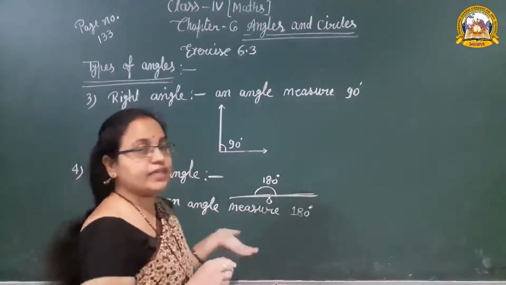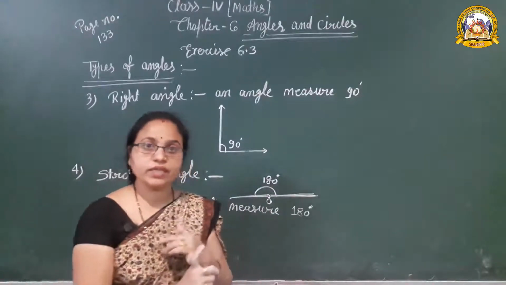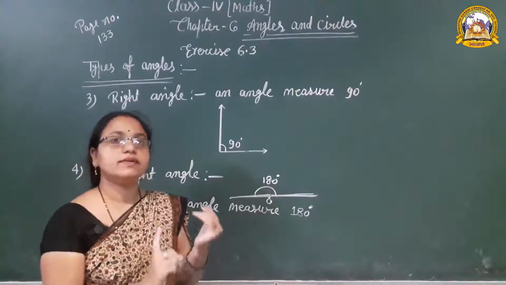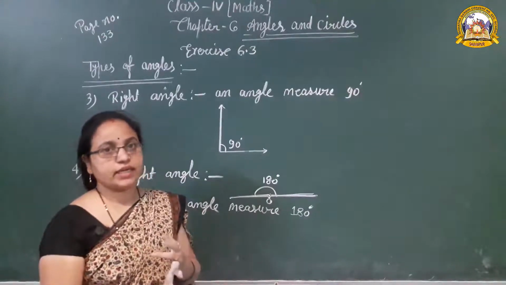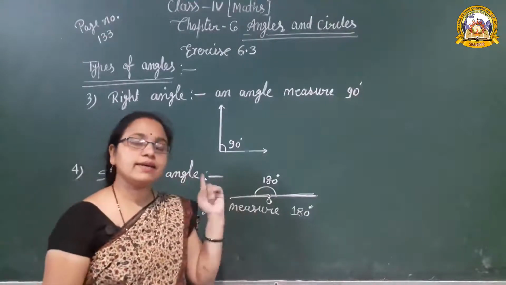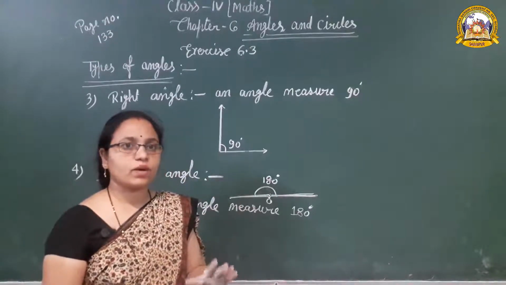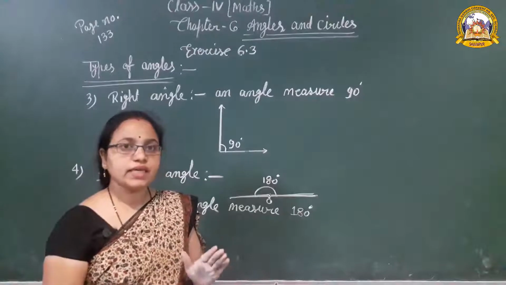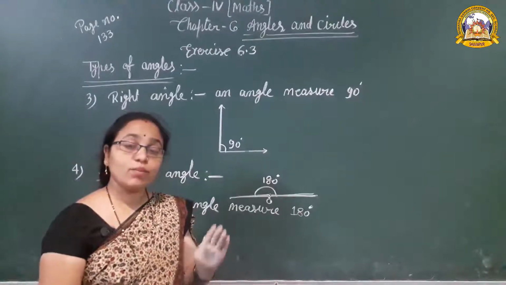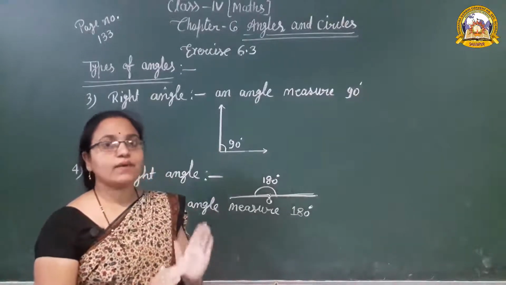So these are the different types of angles: acute angle, obtuse angle, right angle and straight angle. An acute angle is an angle that is measured less than 90 degree. An obtuse angle is an angle that is more than 90 but less than 180 degree.